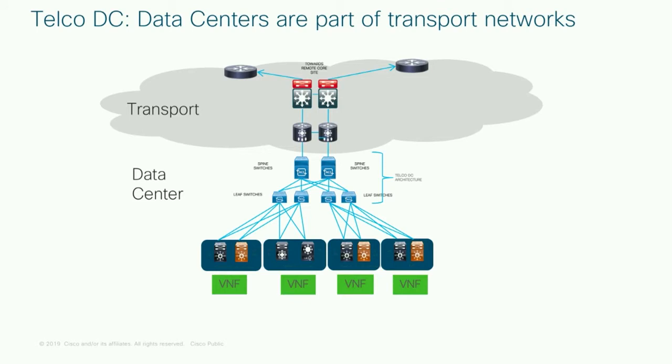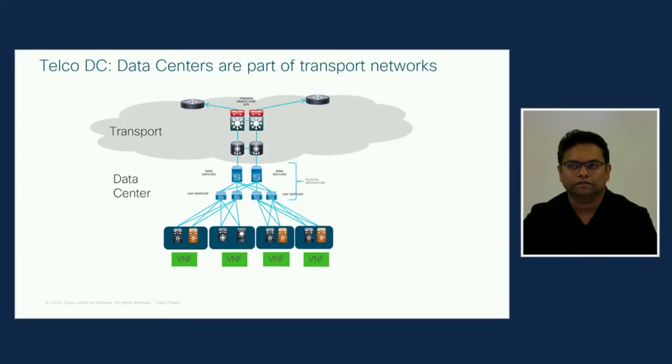Now let's look at it from the transport network perspective. With the emergence of network function virtualization, what used to be hardware devices or appliances are now available as virtual machines. And you need to be able to spin up these virtual machines on servers. Servers are in data centers.